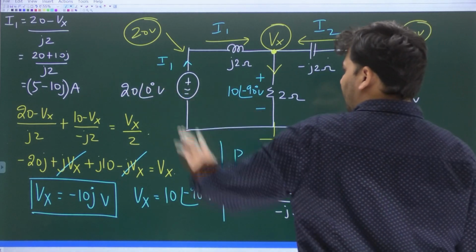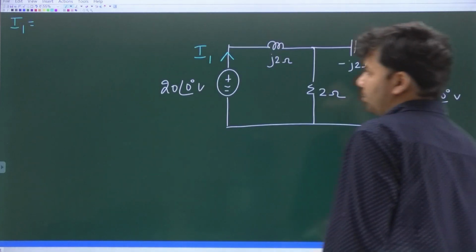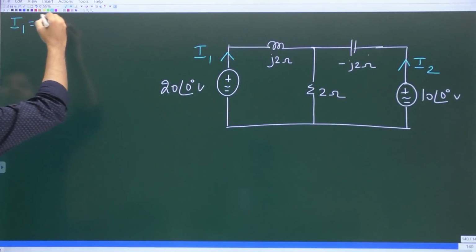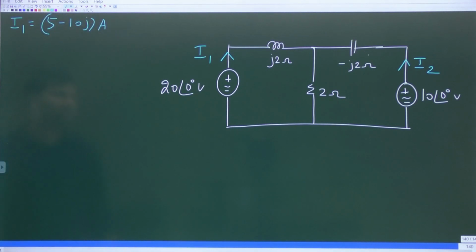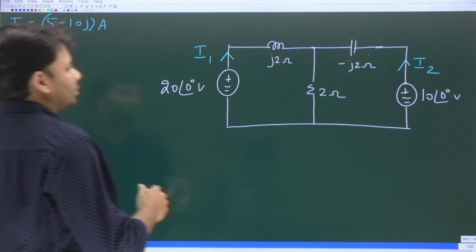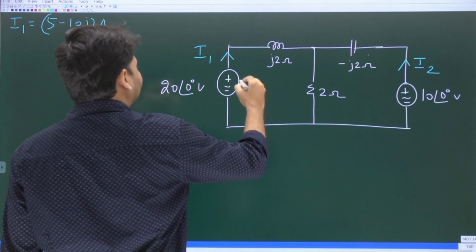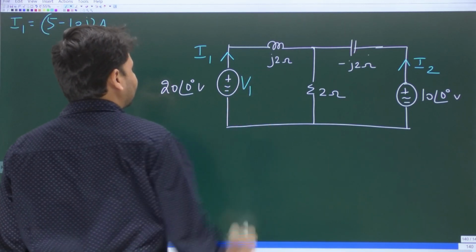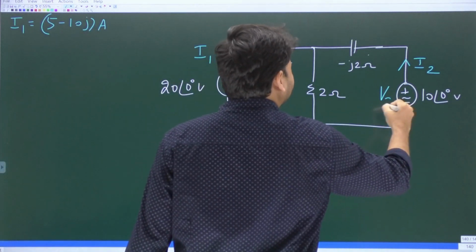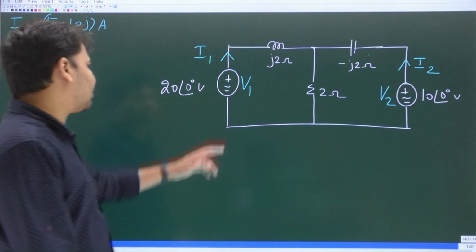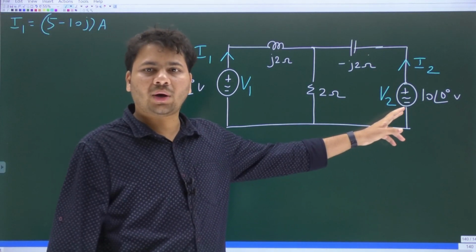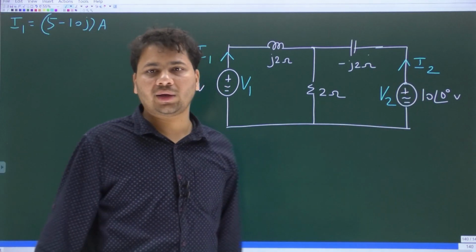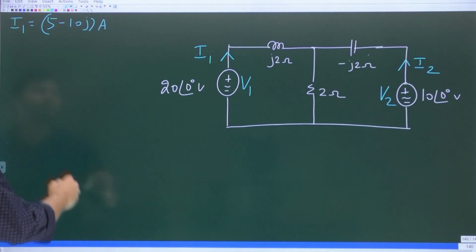I1 is 5 minus 10J amperes. Let us call this phasor voltage V1 and this phasor voltage V2. V1 is 20 at an angle 0 degrees. V2 is 10 at an angle 0 degrees.